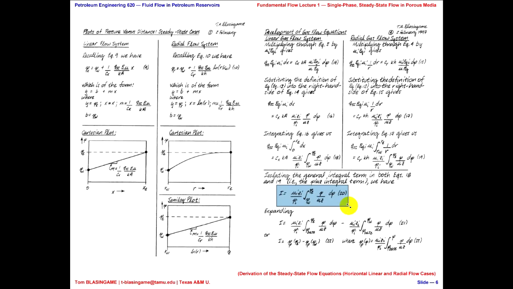This is mu I zi over pi multiplied by the integral of P over mu z. We just defined this by fundamental principles. Why did they define their integral as 2 multiplied by that integral rather than mu I zi over pi?